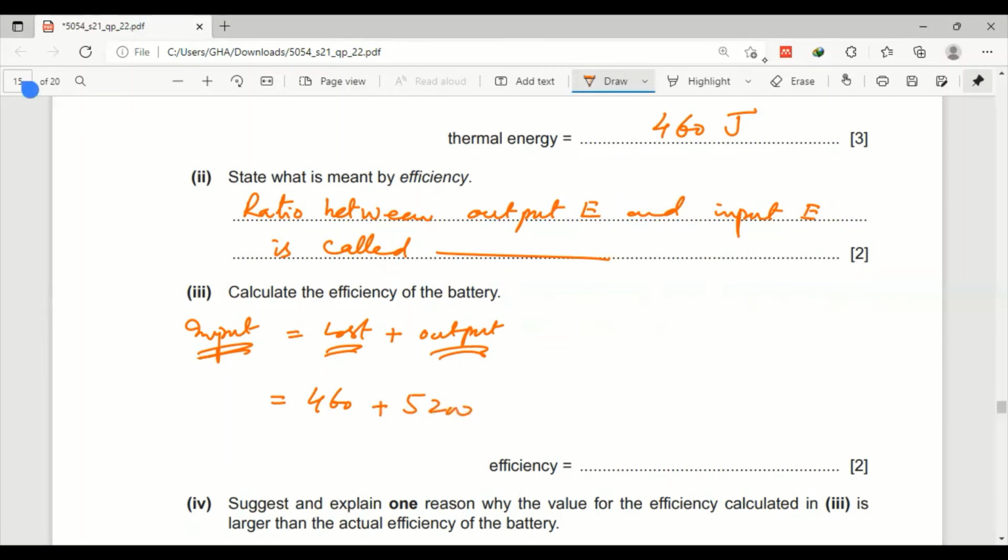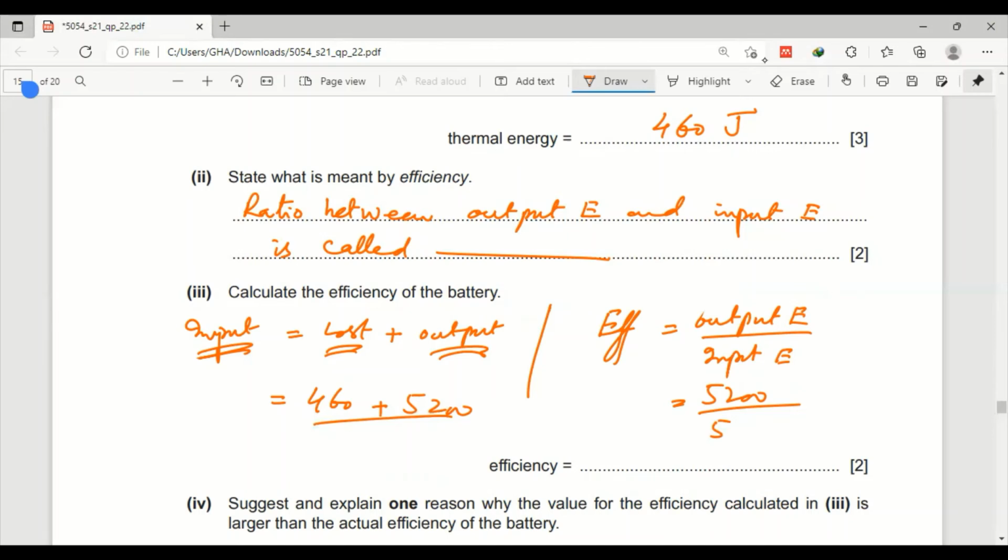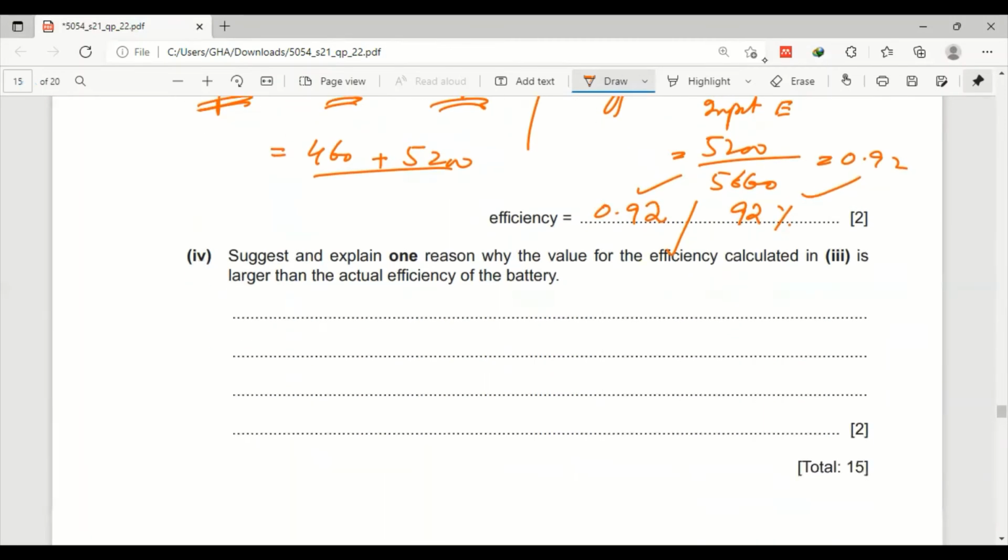When we calculate the efficiency, it is the output energy divided by input energy. The output energy is 5200 and the input energy is 5660. After calculation, the answer is 0.92. So 0.92 has no unit. If you want to write it in percentage, you can write it as 92%. So both answers are correct.